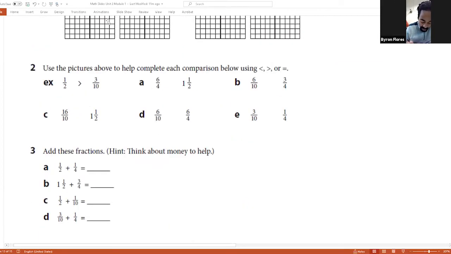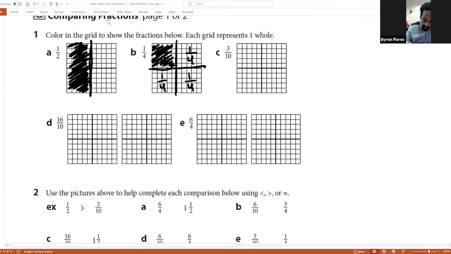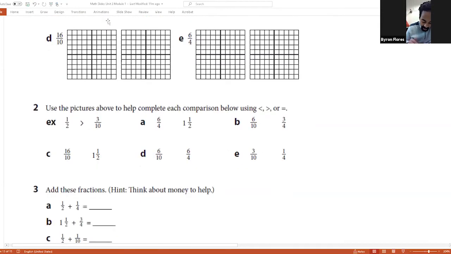For section 2, what it's asking us is to use the pictures above to help complete each comparison below using less than, greater than, or equal to. Now I'm going to use the answers that I got from A, B, C, D, and E to help me understand the problems in section 2.